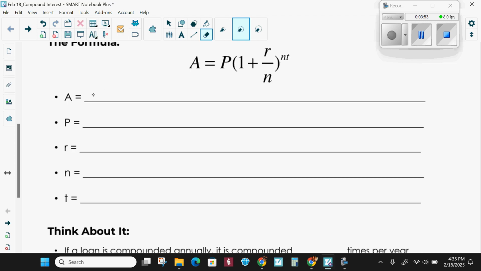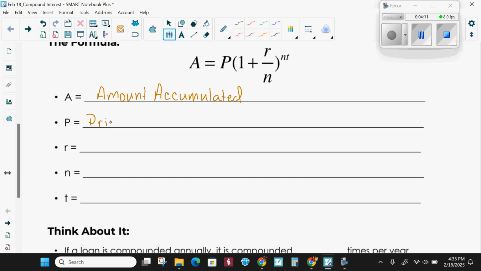Okay, so A is the amount accumulated. It's that total amount. The P stands for the principal. Okay, that's the amount you start with, or what we've been calling the initial value.